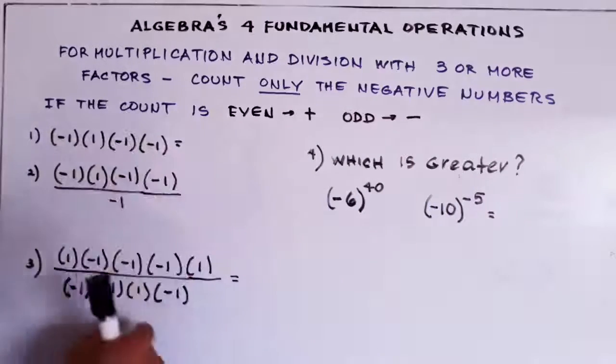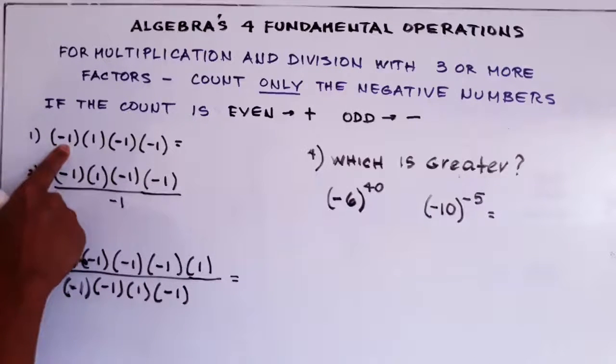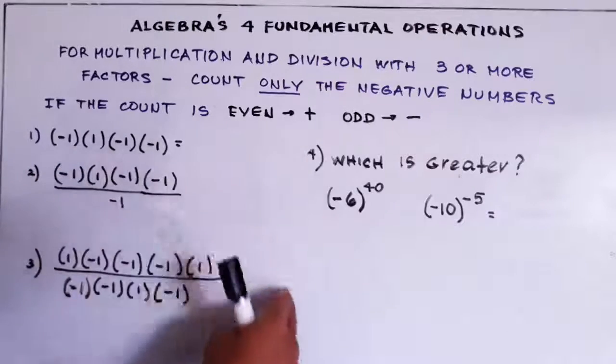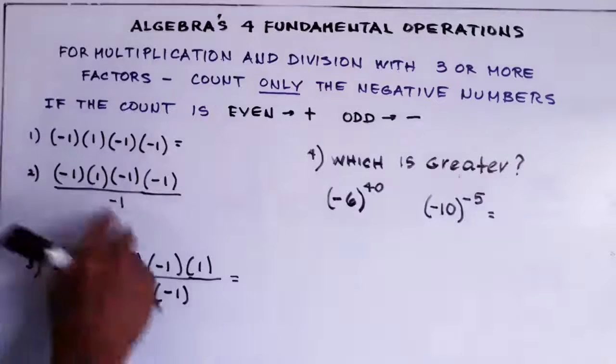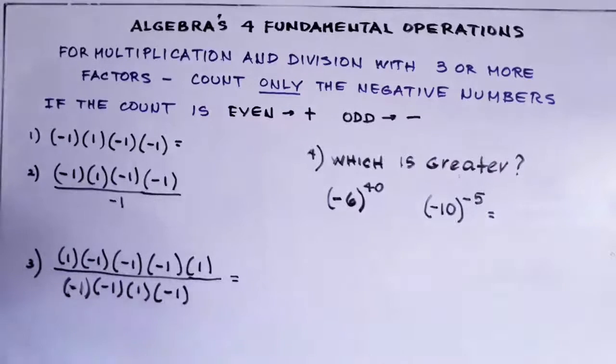Okay. Now let's have an example here. In my example, I used only 1. It could be the number 2, 3, 4, 45.6, but just for the sake of example and learning this negative, positive product and quotient, we'll use 1, because the answer will be either positive or negative 1.